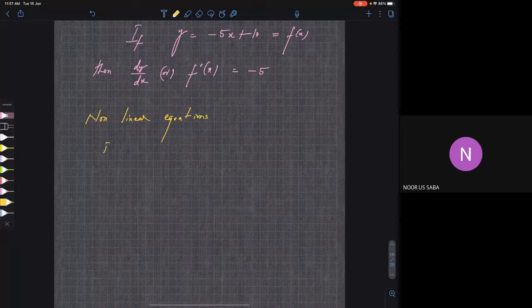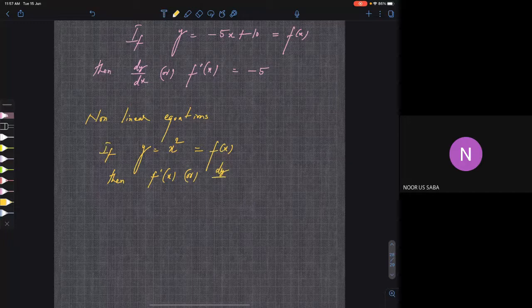So if y equals x square, or if f of x equals x square, then f dash of x or dy by dx equals, tell me, what is dy by dx equal to? 2x.